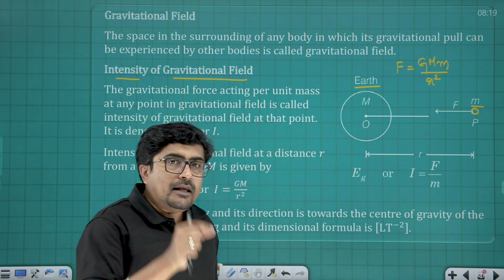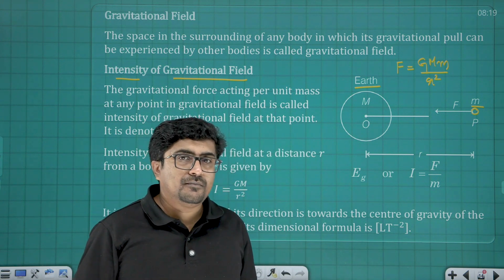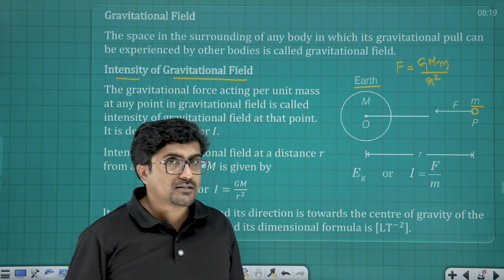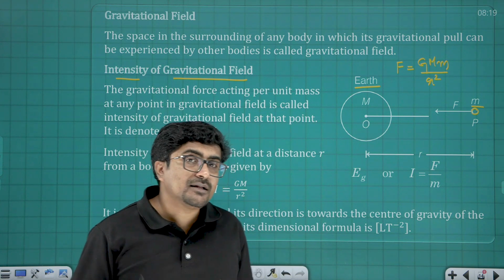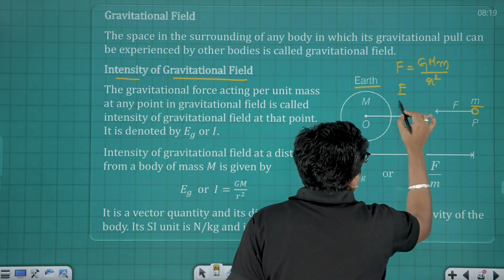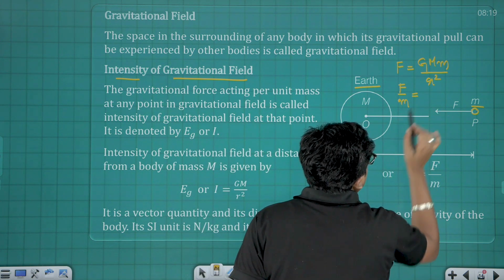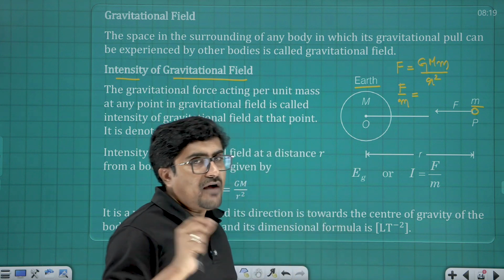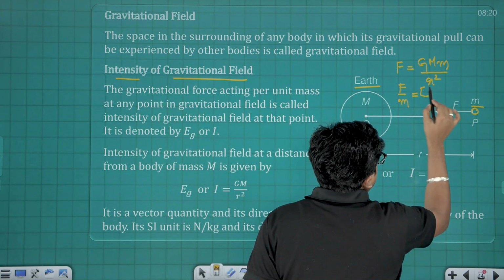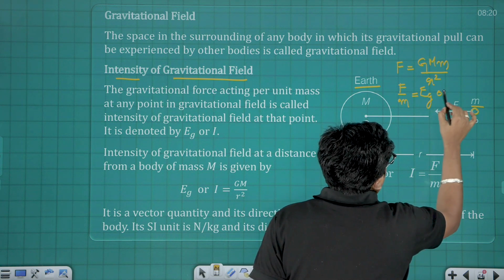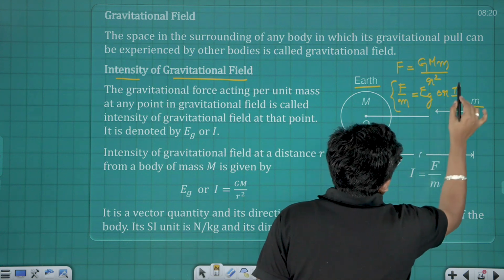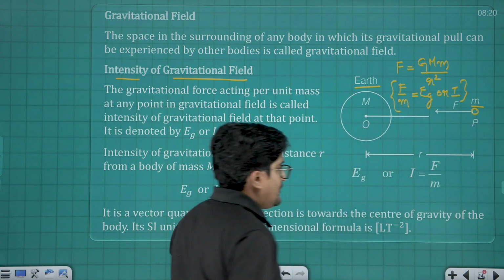And if at the same point I place a 1 kg mass, then what is going to be the force experienced by that mass? Obviously, it's going to be F upon m. And we call this the intensity of gravitational field. That is represented by E suffix G, or in some textbooks you can see the same represented by capital I also.